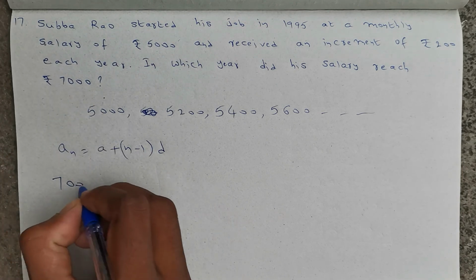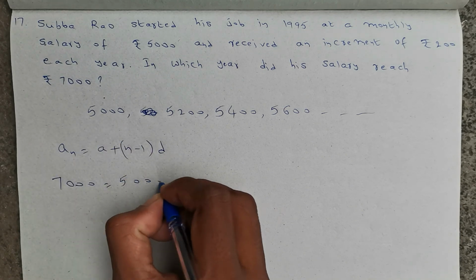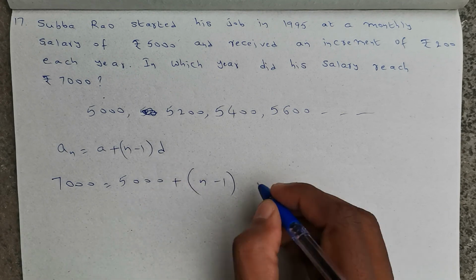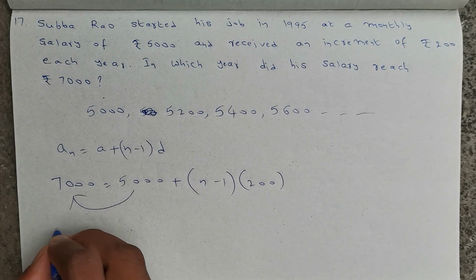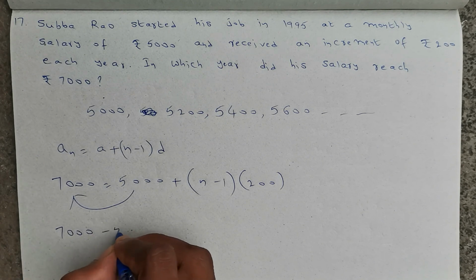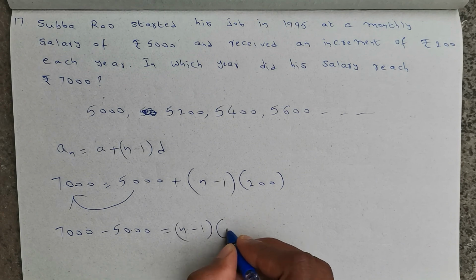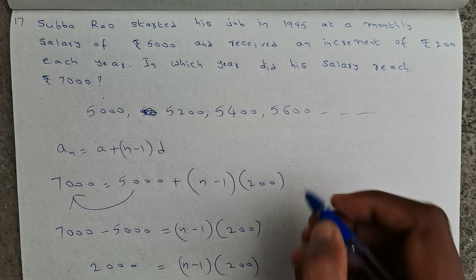So 7,000 is equal to a, the first term, 5,000, plus n, which we don't know, minus 1 into d, the common difference 200. This 5,000 I will take to the left side. So we get 7,000 minus 5,000 is equal to n minus 1 into 200. 7,000 minus 5,000 is 2,000.